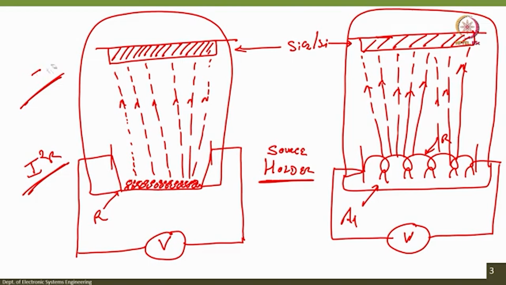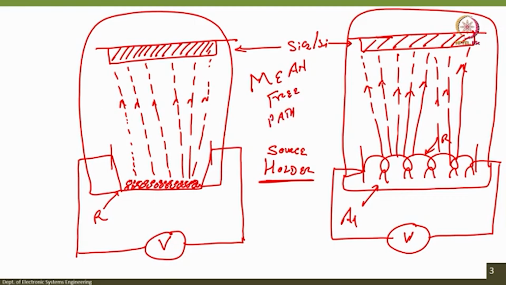So, then there is a term that we will learn called mean free path. Okay. So, the mean free path will increase in the presence of vacuum. Okay. This much is easy, right.